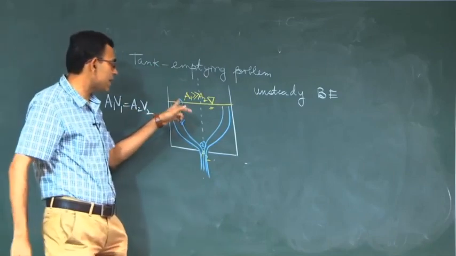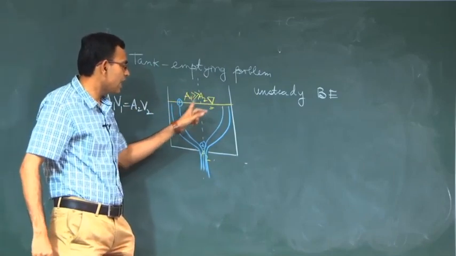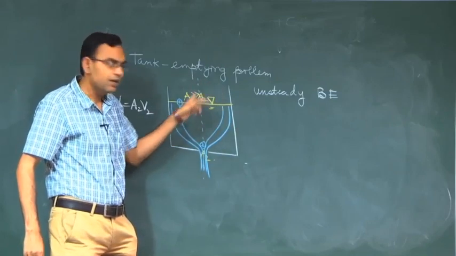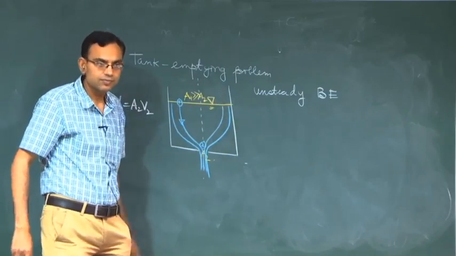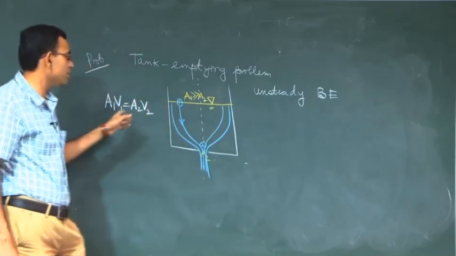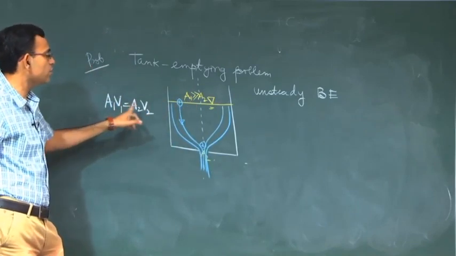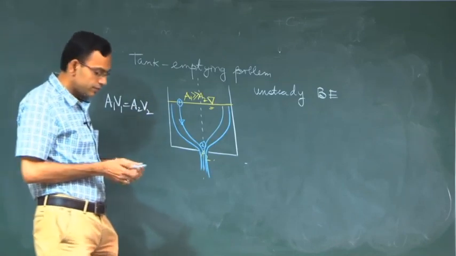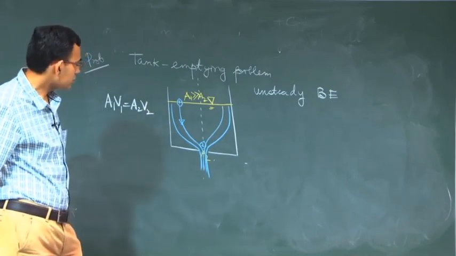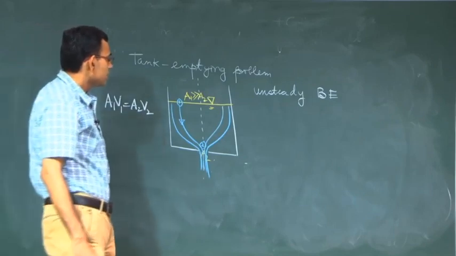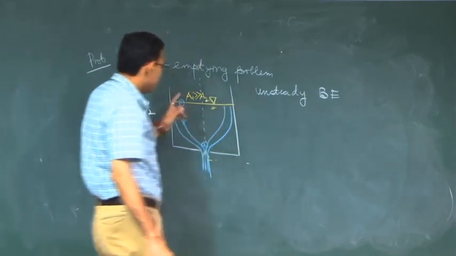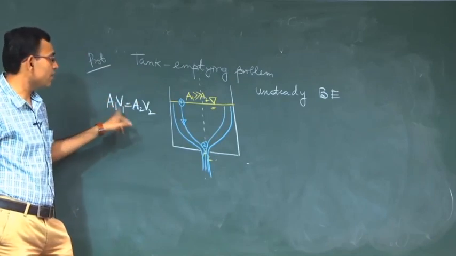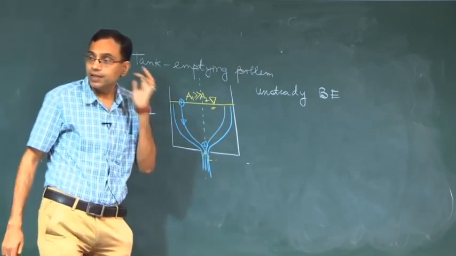The velocity at the identified point 1 and the average velocity over section 1 are the same when the flow is uniform over the section, and that is the assumption behind this equation when 1 and 2 are meant to be points 1 and 2. Then, the next point: clearly this is an unsteady flow, but A1 V1 equals A2 V2.